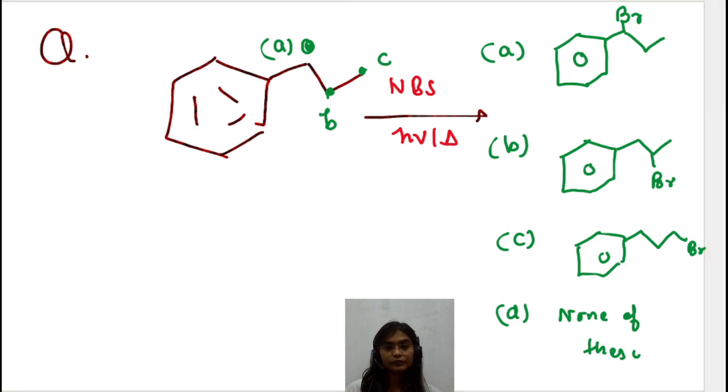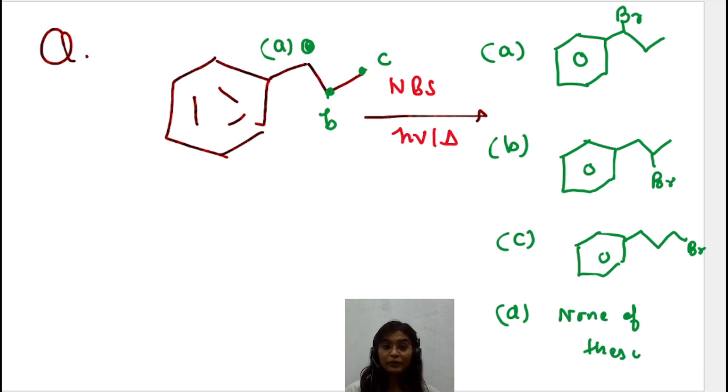Remember or not? When the radical is at a benzylic or allylic position, conjugation has to be there.